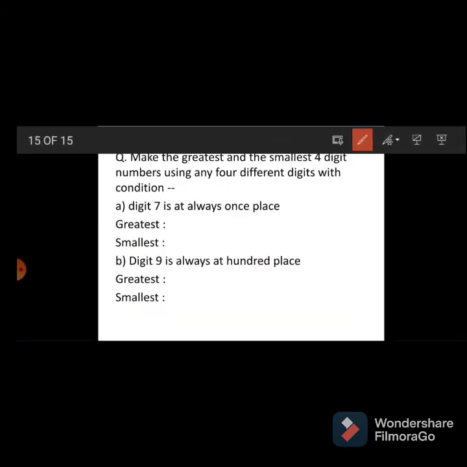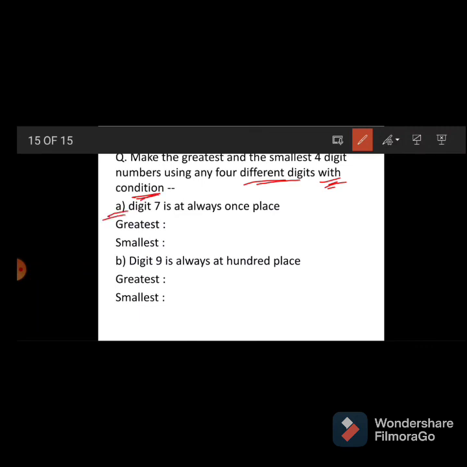Make the greatest and smallest 4-digit numbers using any 4 different digits. Any 4 different digits we have to take on our own, but with the conditions given here. What is the difference between the previous question and this question? Here in this question, conditions are given, and what is the condition?